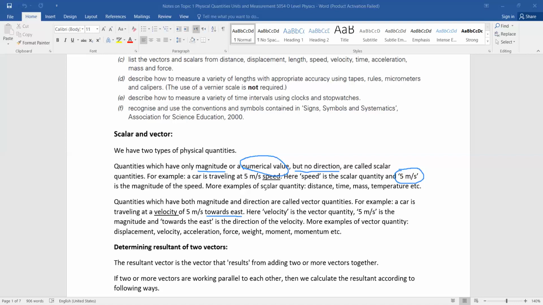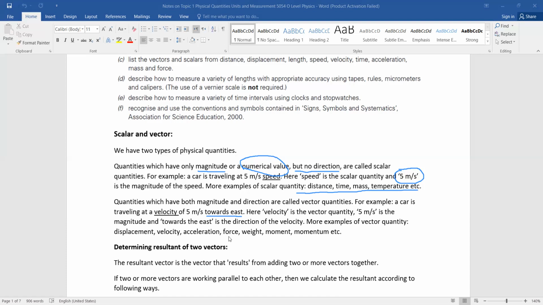Here I gave some examples of scalar quantities. Other than speed, we have distance, time, mass, temperature, etc. And in vector quantities, other than velocity, we have displacement.